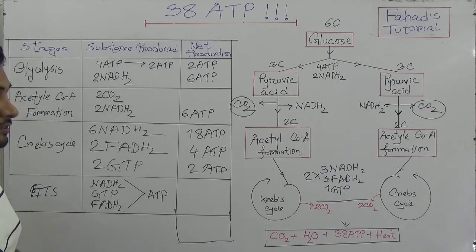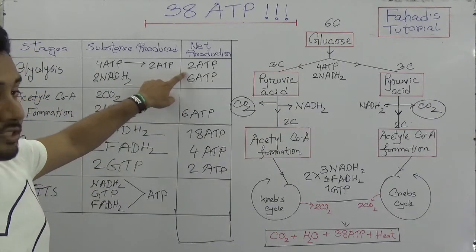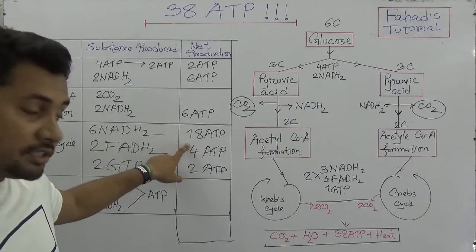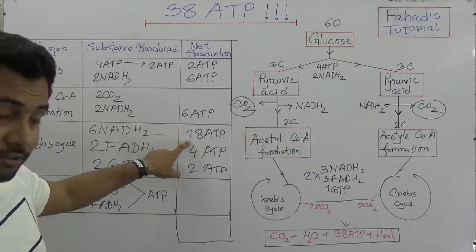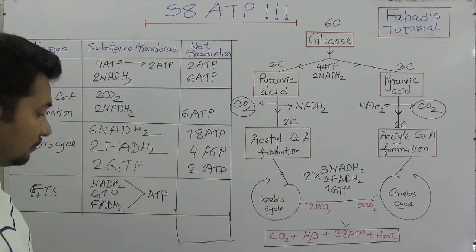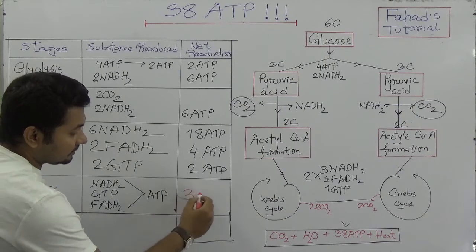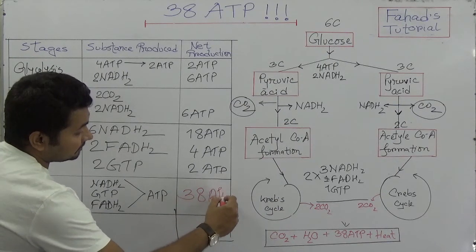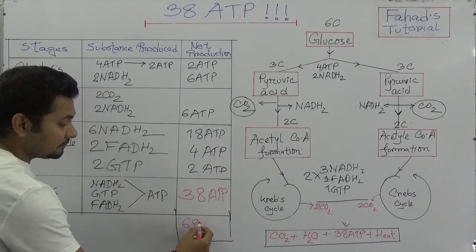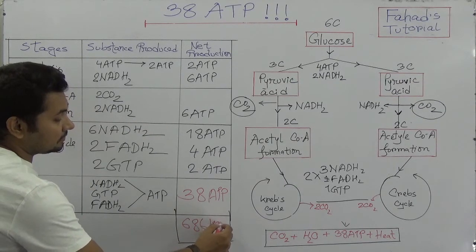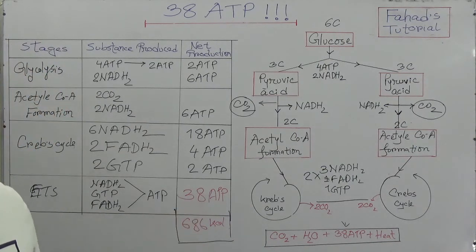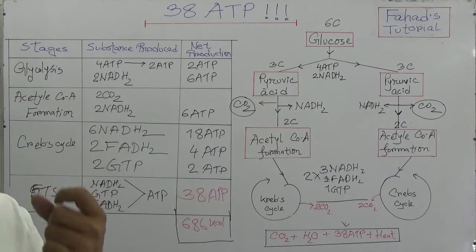That is, if we sum 8, 6, 14, and 18, 32, and 4, 36, and 2, 38. So altogether 38 ATP will be produced, and the amount of energy is 686 kilocalories. So that is how 38 ATP will be produced.